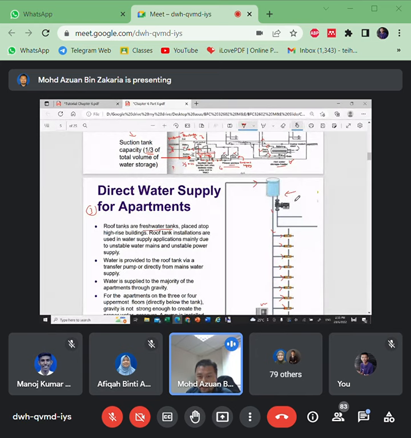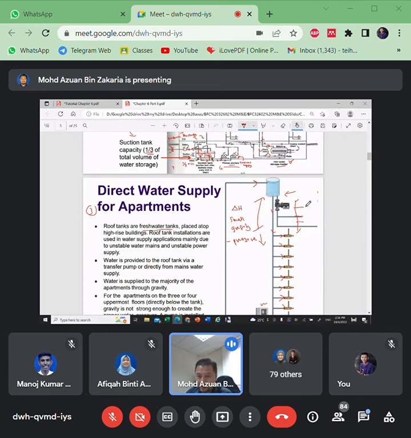But to be noted that several levels under the water tank maybe don't have enough pressure because they have a small head difference. So when there is a small gravity effect, maybe the pressure will become lower.